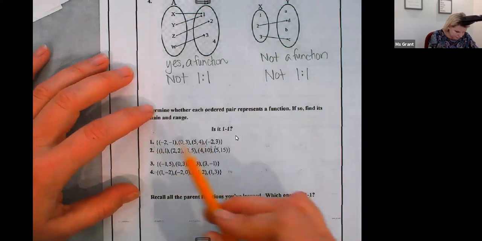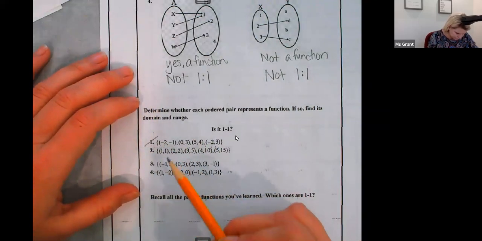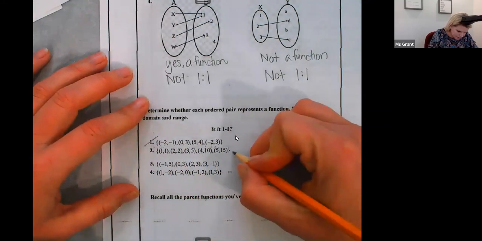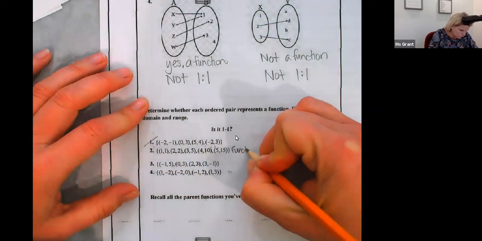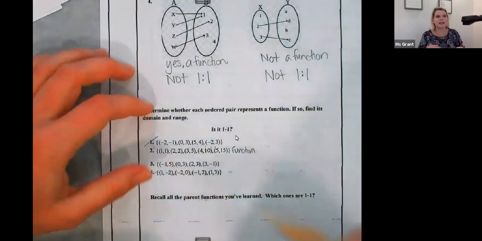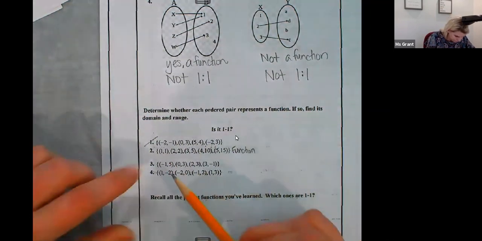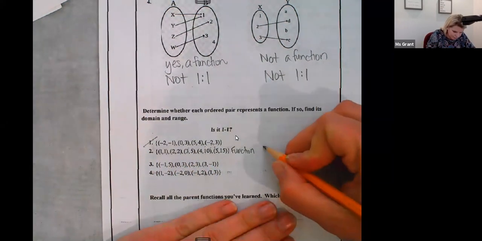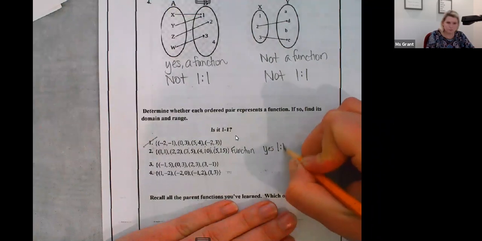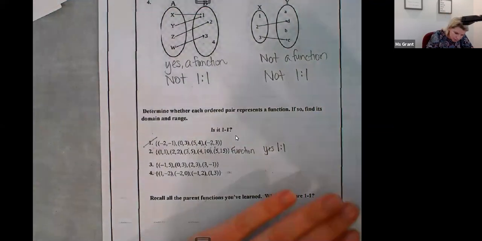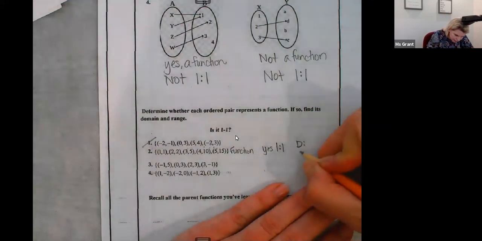Number 1, it's not a function. Number 2, yes, it's a function. Is every y value assigned to an x value? So yes, it's one-to-one. You have to list the domain and you have to list the range.